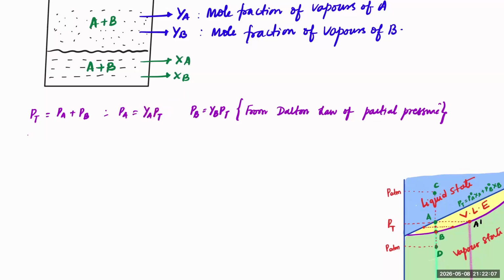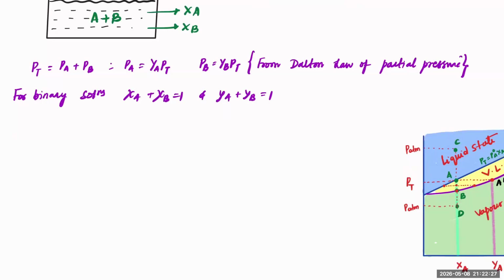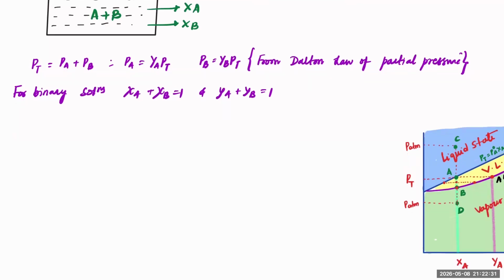Okay. Because we are talking only about binary solutions, for binary solutions, we know that XA plus XB is equal to 1, and similarly YA plus YB will also be equal to 1. Mole fractions will always be equal to 1. Okay. Let's use this to our advantage.